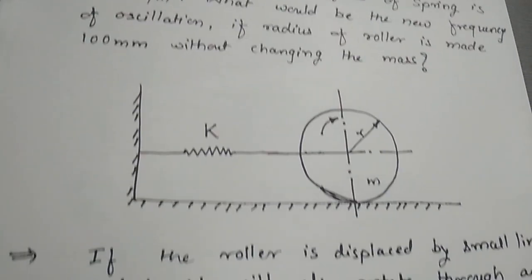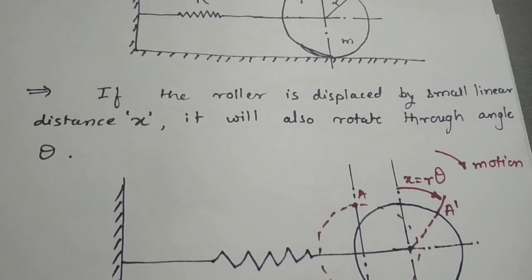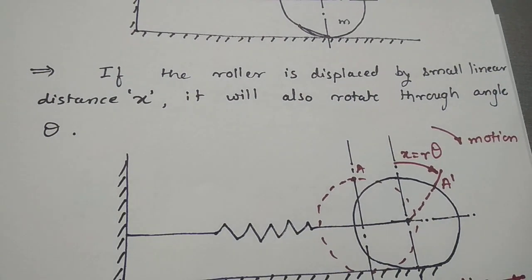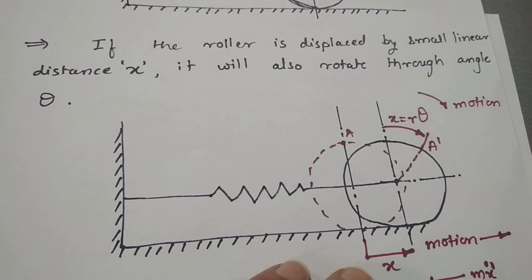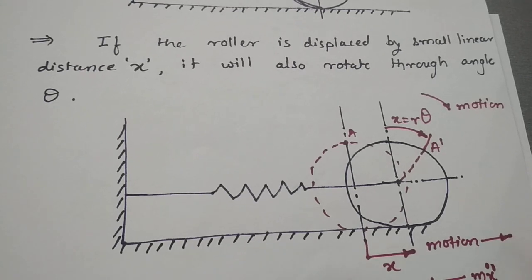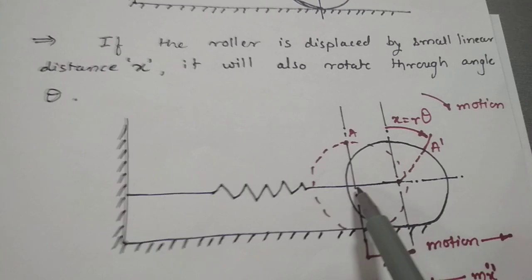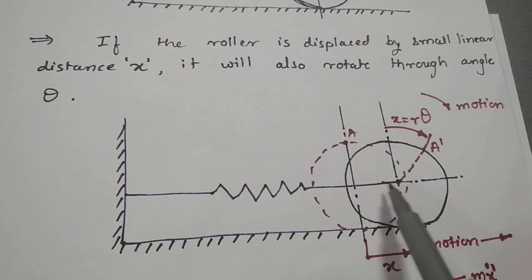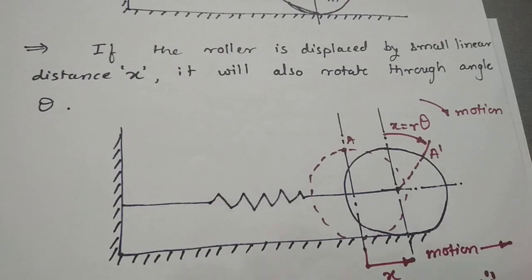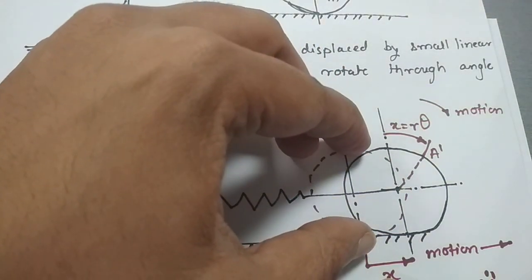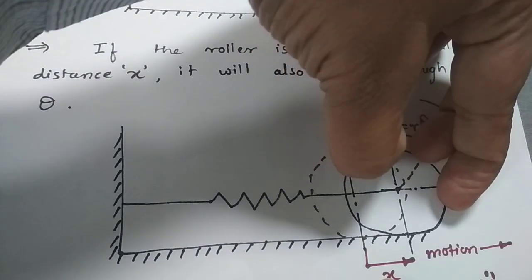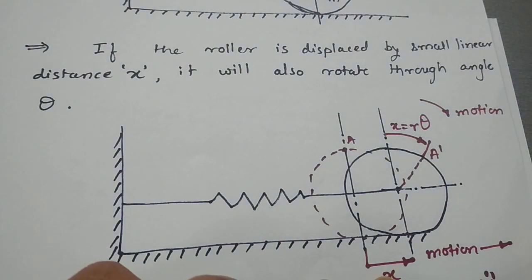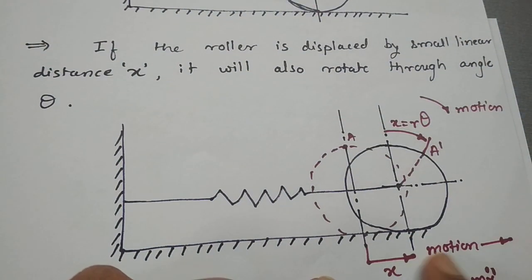So if the roller is displaced by a small distance x linearly, means when this x distance is there between this center, the roller gets rotated and acquires a new position linearly x distance, motion is like this.